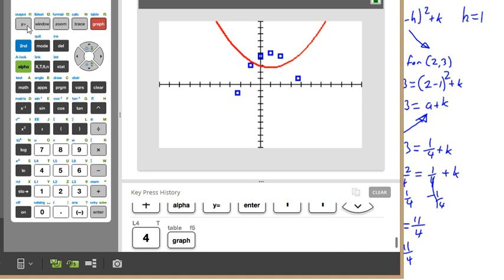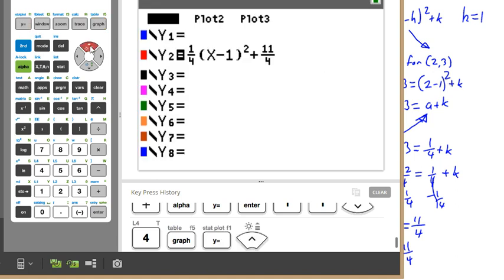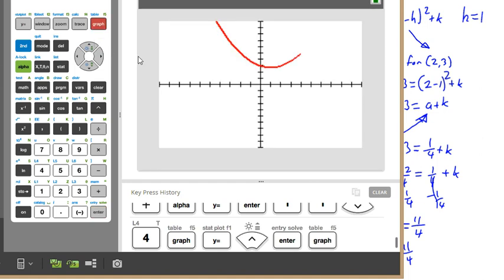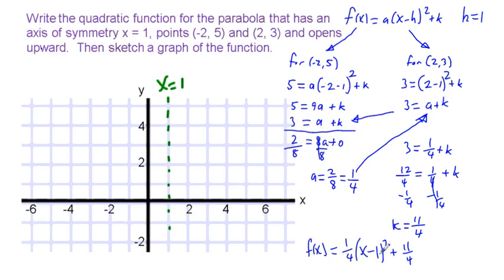I'm going to turn this plot off to get a cleaner look. And so we should see (1, 11/4), which is almost 3.